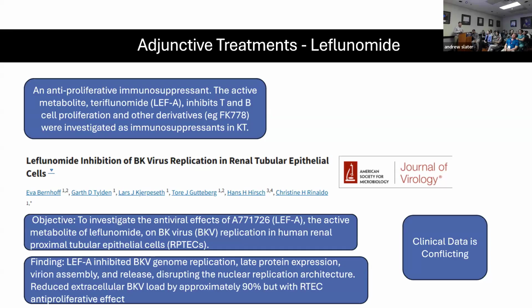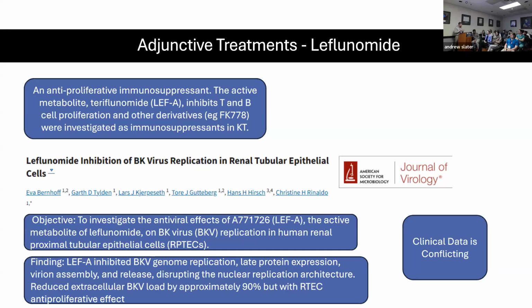All right. So we got this study here, and the purpose of this study was to investigate the antiviral effects of the active metabolite of leflunomide on BK virus replication in human renal tubular epithelial cells. Interesting finding.